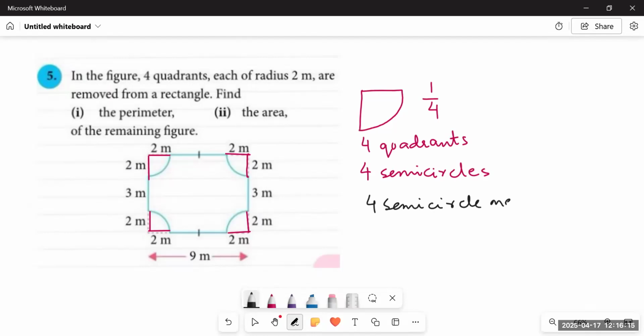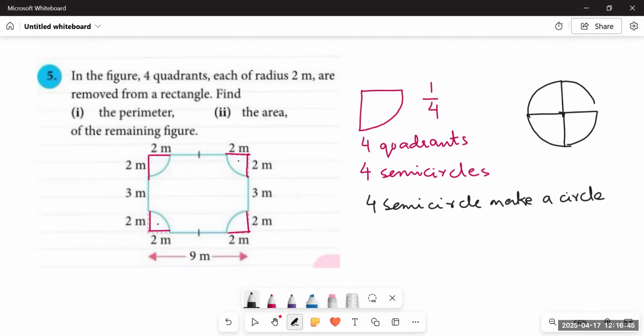And let me show you how. For the first one, let us draw it over here. So it would be like this. Then for the second one, we will draw it like this. Then for the third one, it would be like this. And for the fourth one, it would be like this.